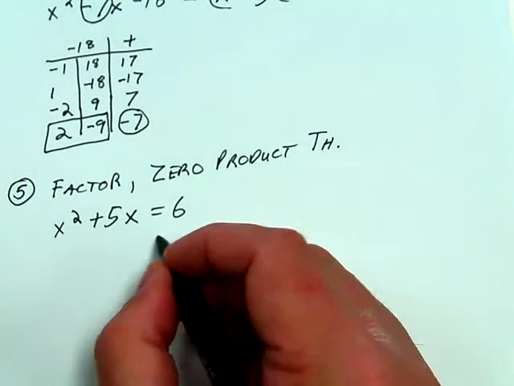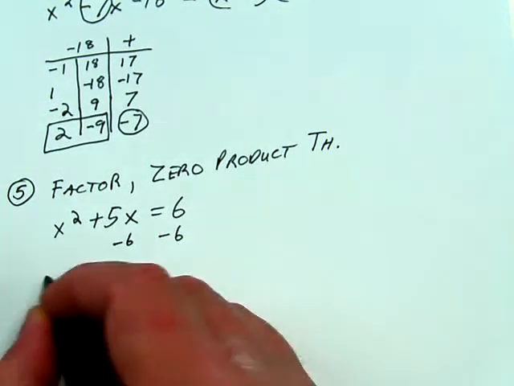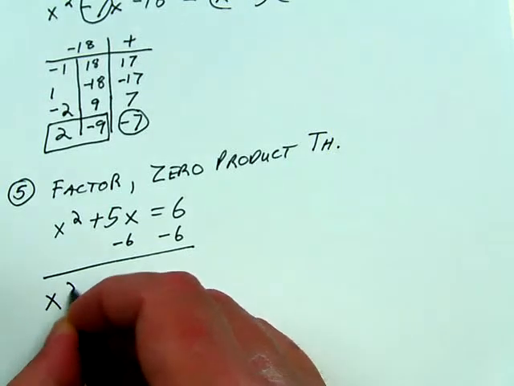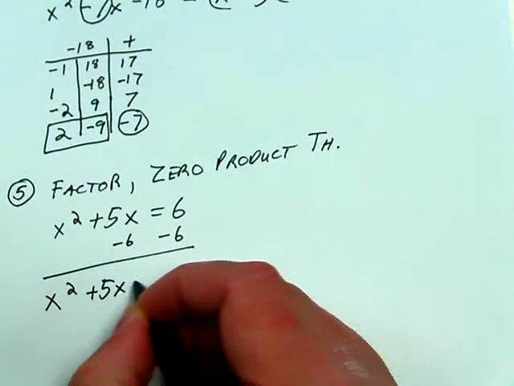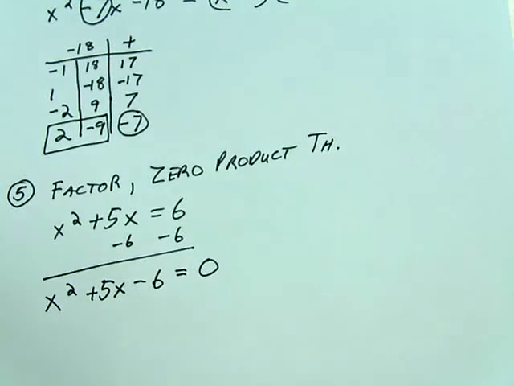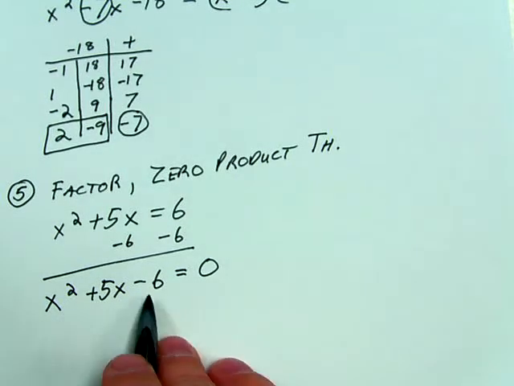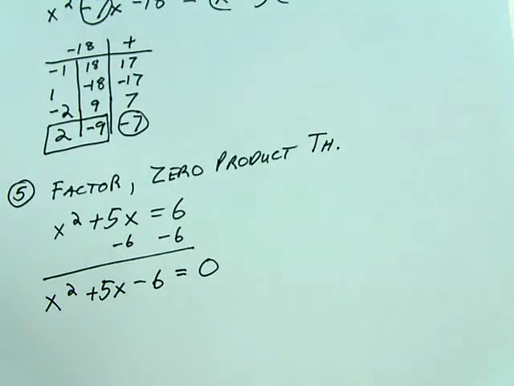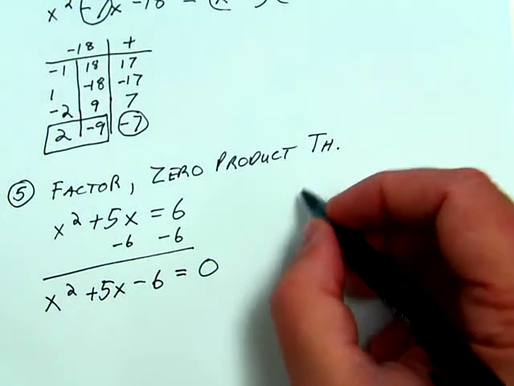So I'm going to subtract 6 from each side, and that leaves me with x squared plus 5x minus 6 equals 0. All right, now I can see the potential here. So I'm going to go ahead and just do it right here.